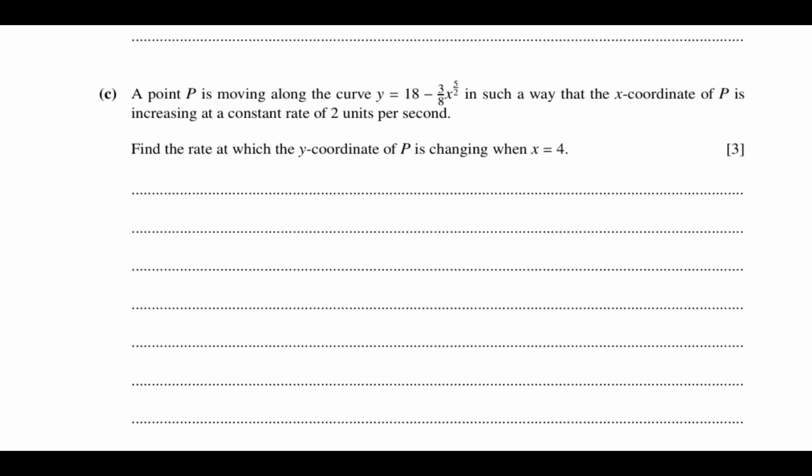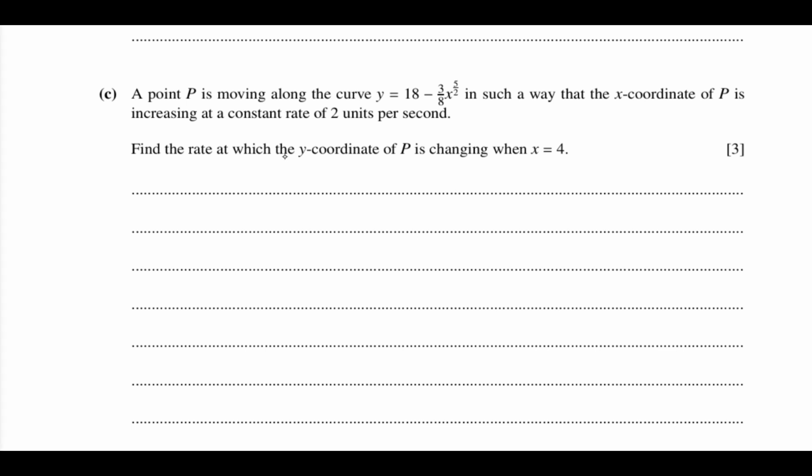So the third part: a point P is moving along the curve y equals 18 minus 3 over 8 x power 5 over 2 in such a way that the x coordinate of P is increasing at a constant rate of 2 units per second. Find the rate at which the y coordinate of P is changing when x is equal to 4.